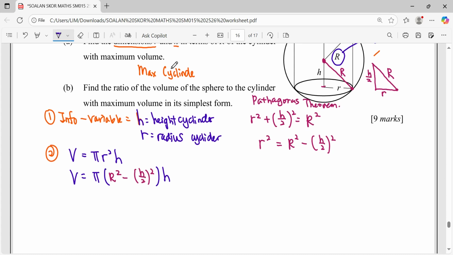To identify it to be a maximum, we need to differentiate. Then we need to do two tests. So expand this, I get pi R square h minus pi, this one h square over 4 times h, which is h cubed over 4.